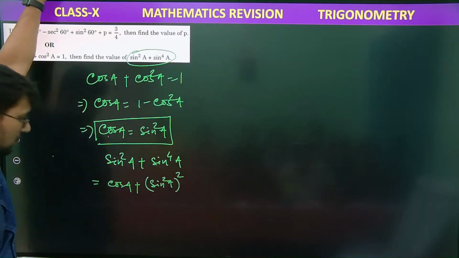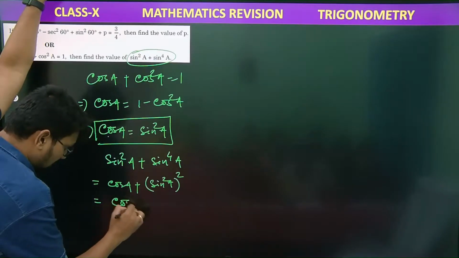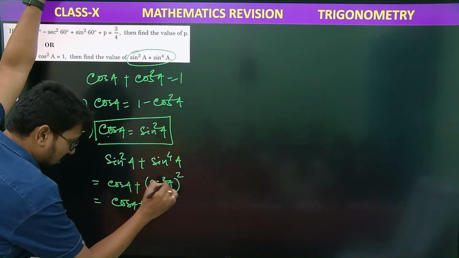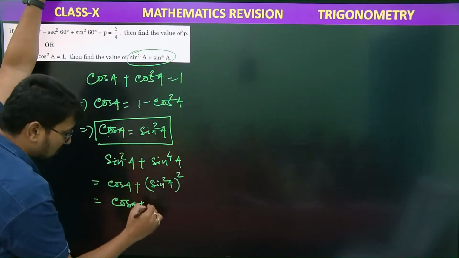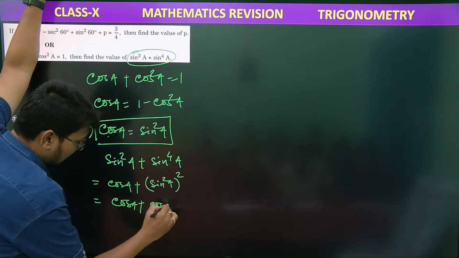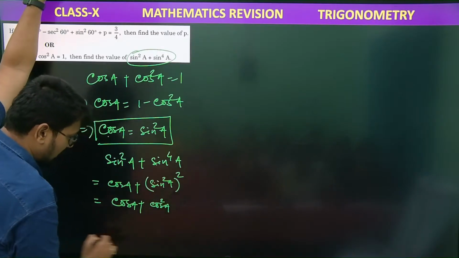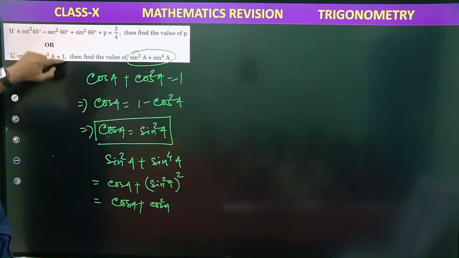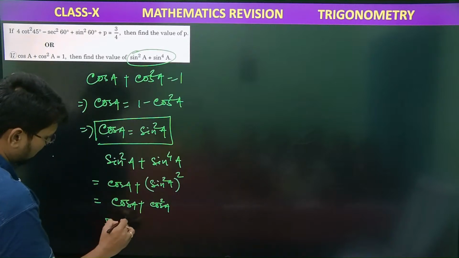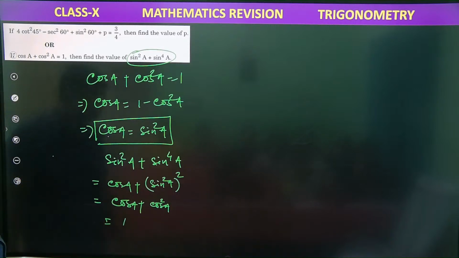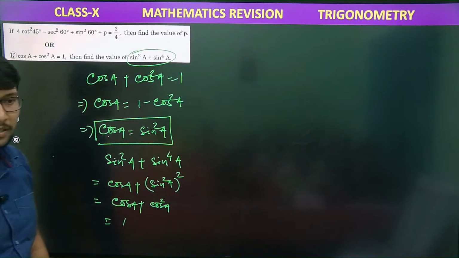So it becomes cos A plus sine square A whole square, and the sine square A value is cos A, so cos A plus cos square A. Already the given value is 1. So proved. Got it, everyone?